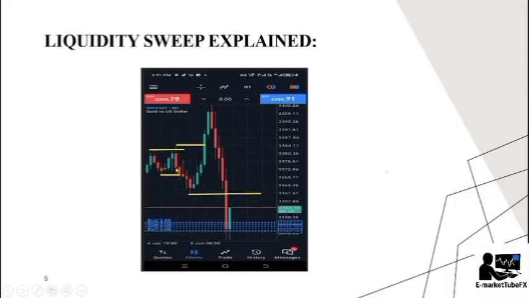So before this bearish candle actually formed, price went up to trigger the stop loss that we have above the resistance here. So all those traders who were selling the market at that moment with their stop loss here, price triggered. These market makers triggered their stop loss and they have been taken out of the market.